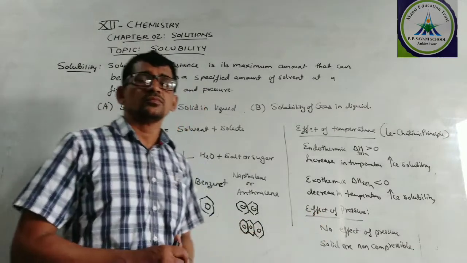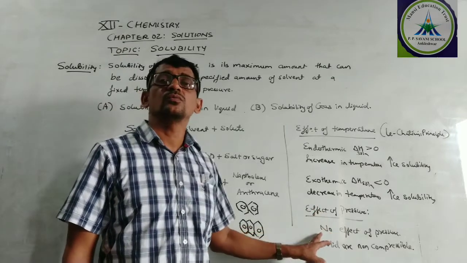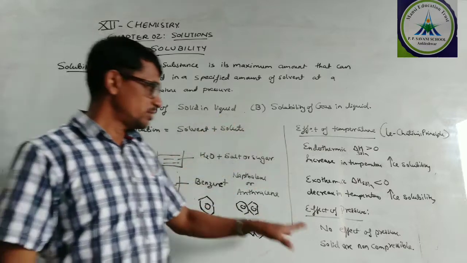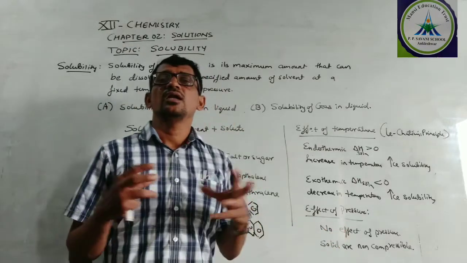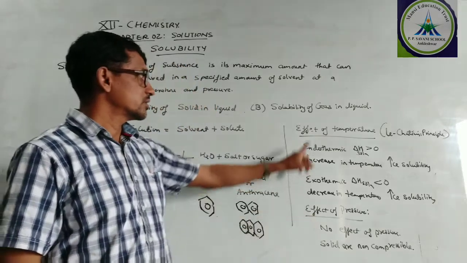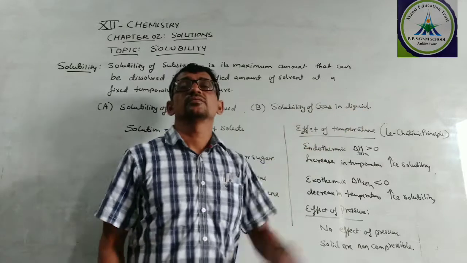Pressure. Pressure does not play a very important role in the solubility of a solid in a liquid, because solids and liquids are less compressible. It will affect the second condition, the solubility of gas in liquid.